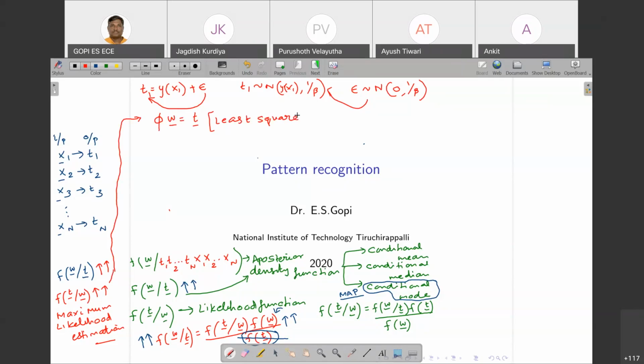In fact, maximum likelihood ends up with the least square solution when the noise epsilon is Gaussian distributed.